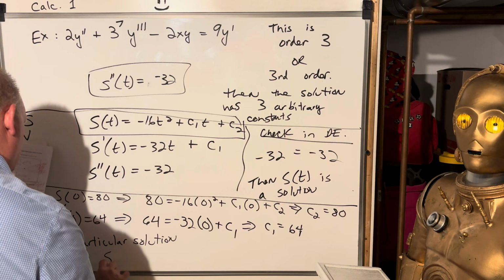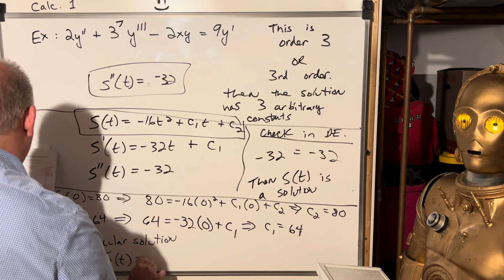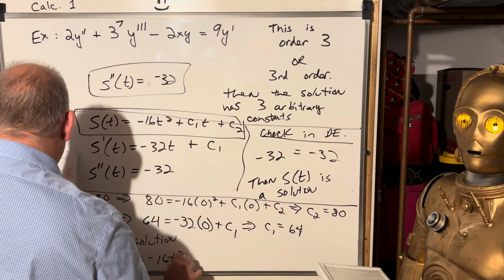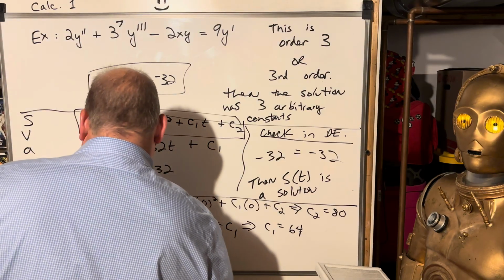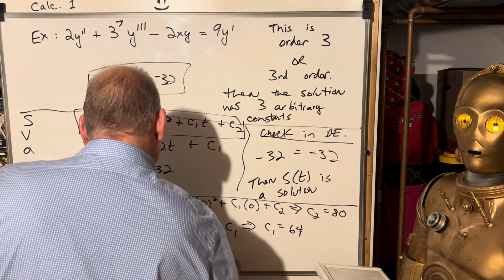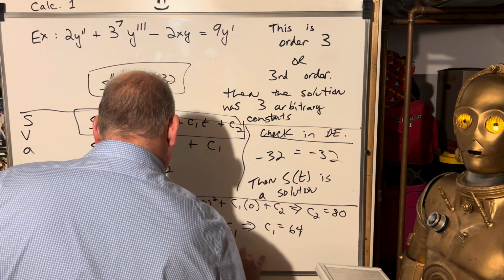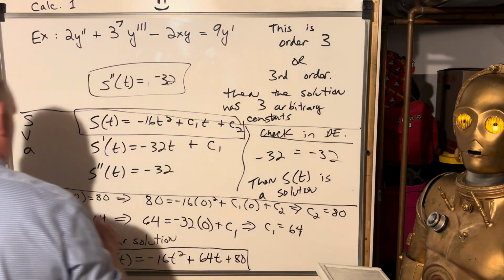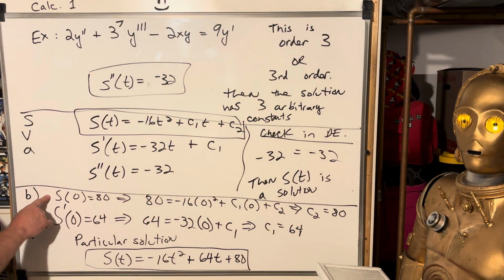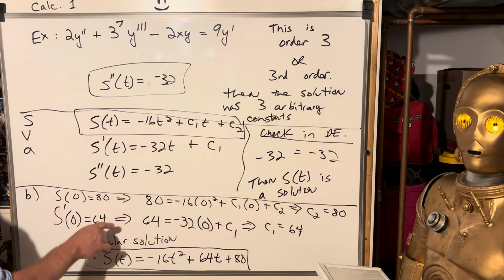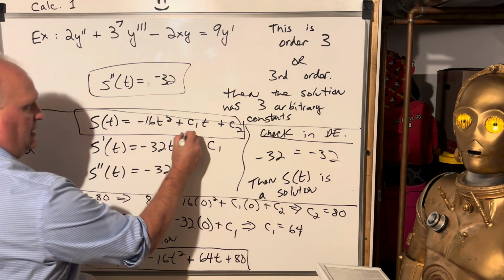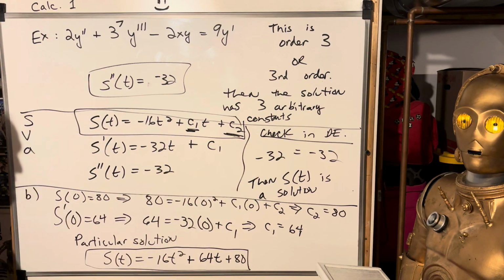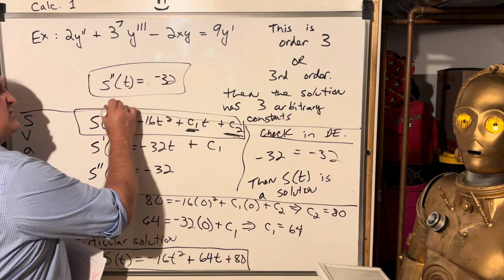All right, so S of t is equal to negative 16t squared plus 64t plus 80. And so basically we have initial conditions on S and S prime that allow us to calculate these arbitrary numbers. So we get a particular solution instead of just a general solution.